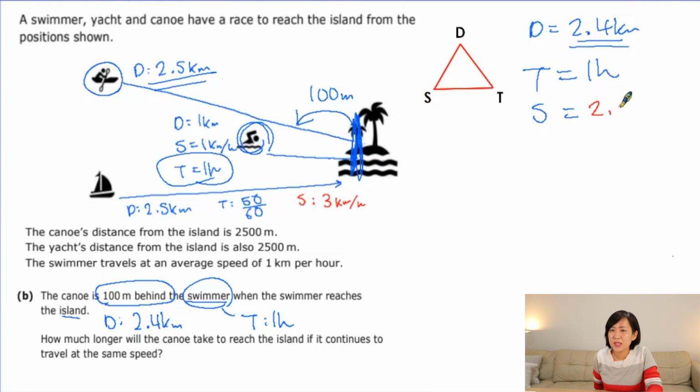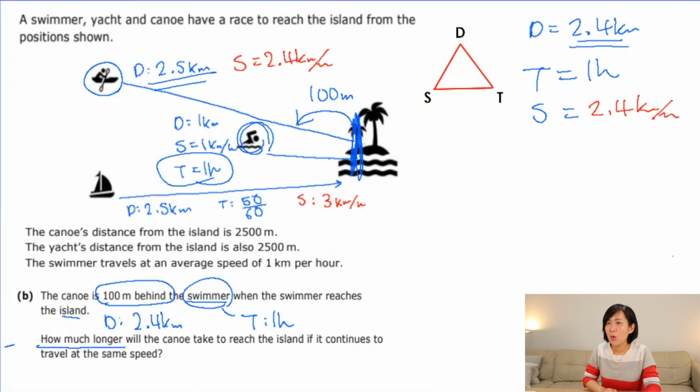But the question is, how much longer will the canoe take to reach the island if they continue to travel at the same speed? So you don't change your speed, but what we found is it only covered 2.4 kilometers. What we need is the distance of 2.5, right? So let's calculate the distance of 2.5 kilometers.